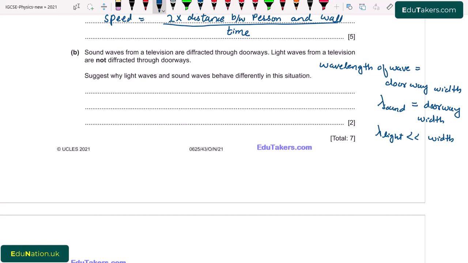I write here: wavelength should be equal to the width of the gap for maximum diffraction. So in our case, the wavelength of sound wave is similar to the width of the doorway.